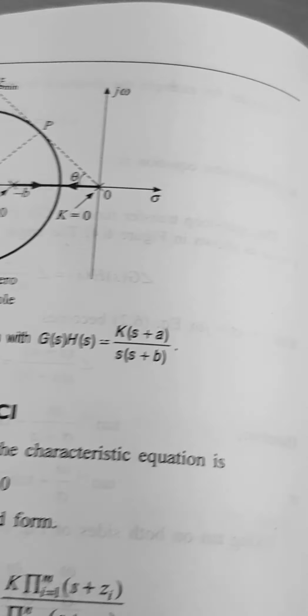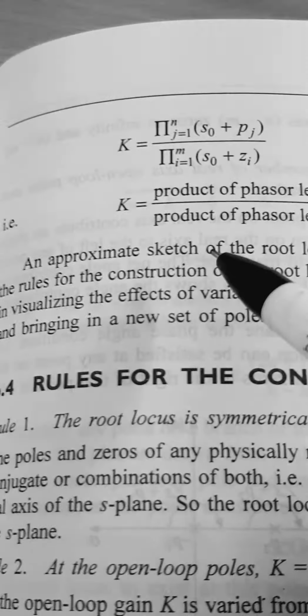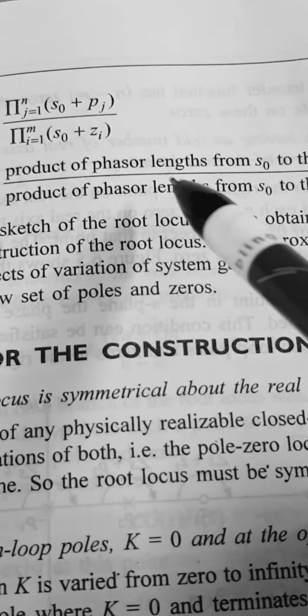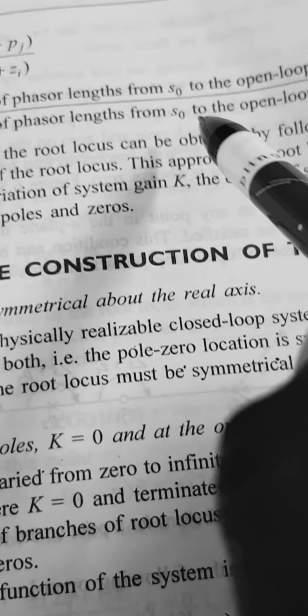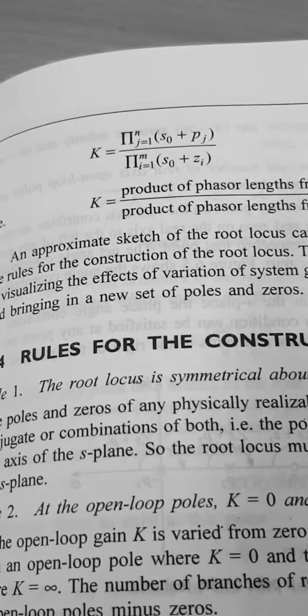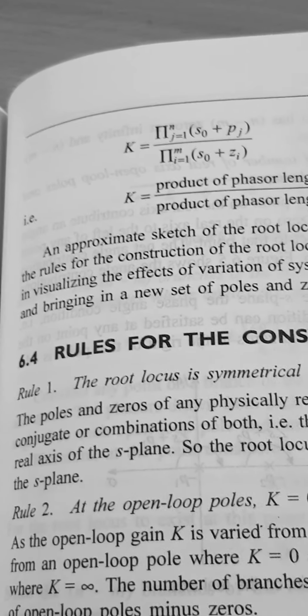The K value at any point s naught on the root locus can be found by the product of phasor lengths from s naught to the open loop poles divided by the product of phasor lengths from s naught to the open loop zeros. So that is rule number 9. The same thing is explained here.